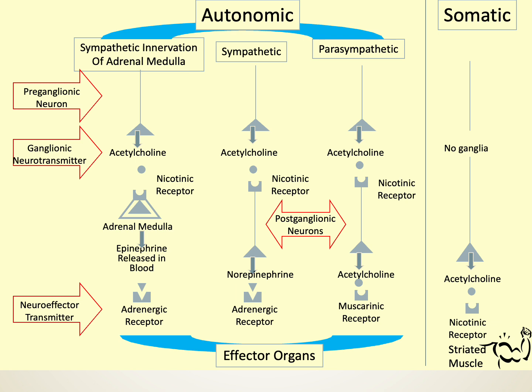If I give an agonist on the adrenergic sympathetic side, or I give norepinephrine there as an agonist, I expect heart rate to go up. If I give acetylcholine on the muscarinic receptor on the parasympathetic side, I expect heart rate to go down.